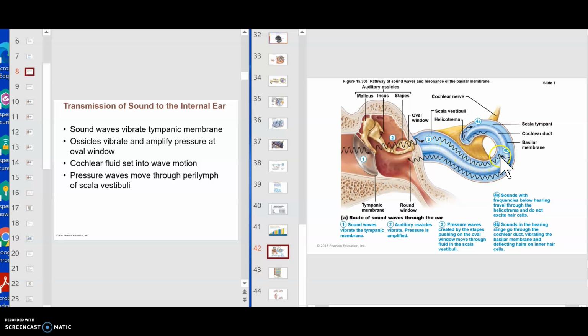So when a sound comes in at a certain frequency, then it will move the perilymph, and the perilymph will vibrate, which will vibrate right here, along here, which is going to be the roof of the cochlear duct.